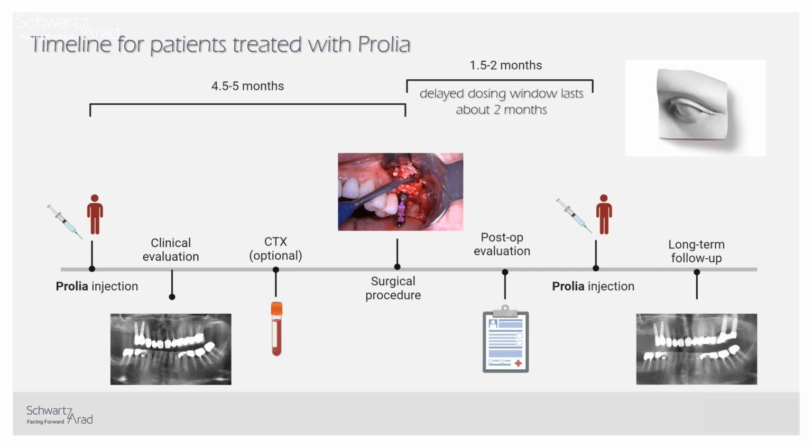So the surgical procedure will be performed a month prior to the next injection of Prolia, and then we will do the post-op evaluation, injection of Prolia at 6 or 6.5 months after the previous injection, and then long-term follow-up. So this is actually the timeline for a patient treated with Prolia in invasive dental procedures.